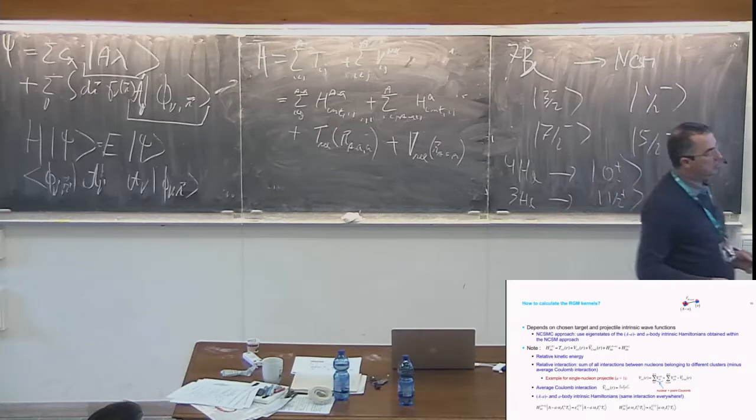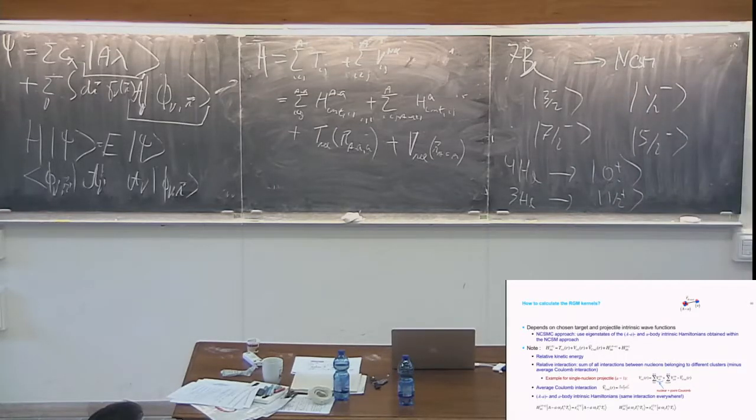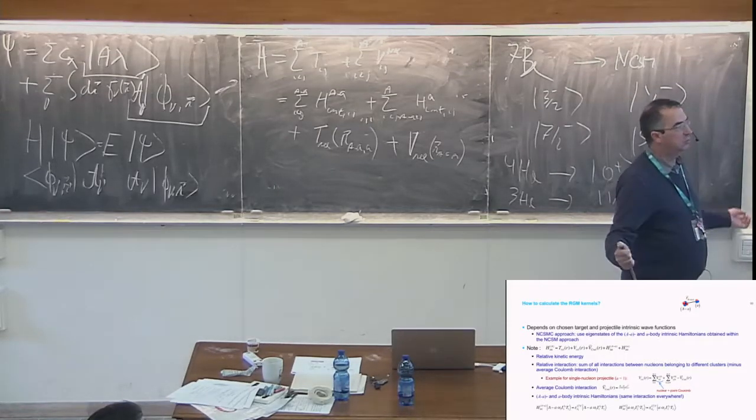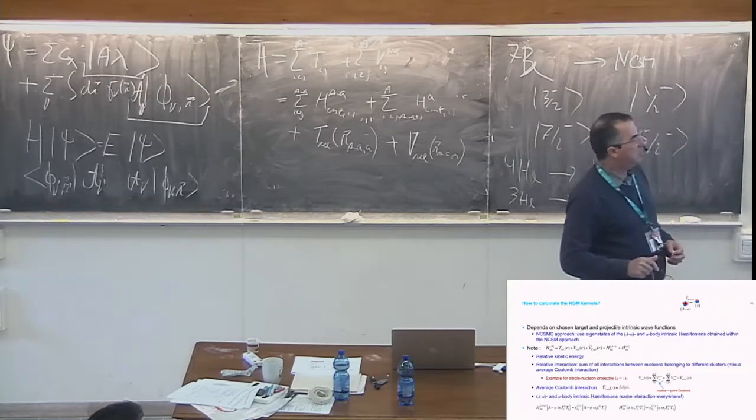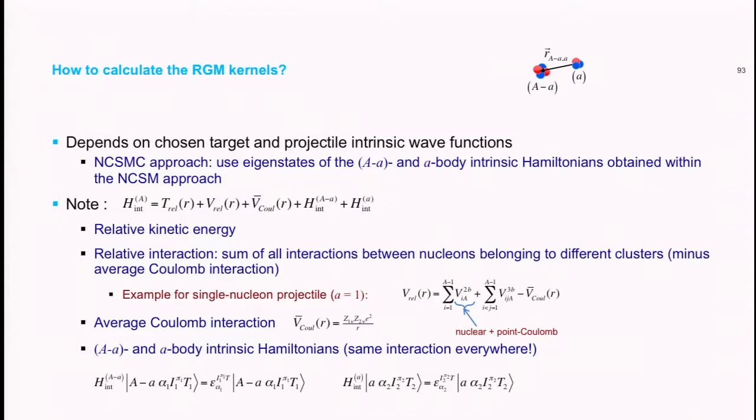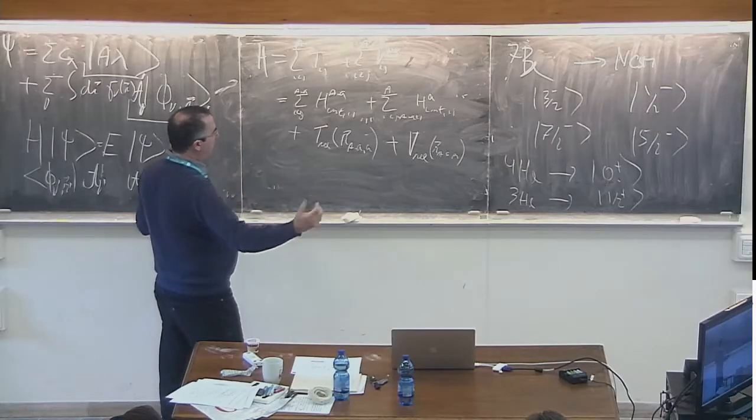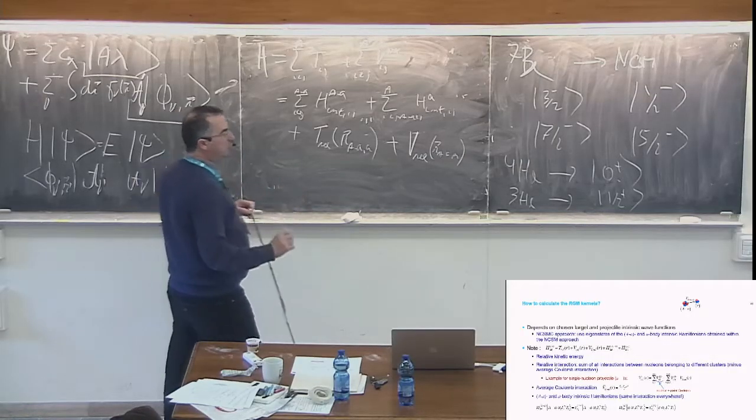So that means that my protons will never be allowed to separate, and I will never get, in this kind of expansion of the nucleon-nucleon interaction, a term that will describe the two clusters when they are very far separated and interact with a point Coulomb, right?